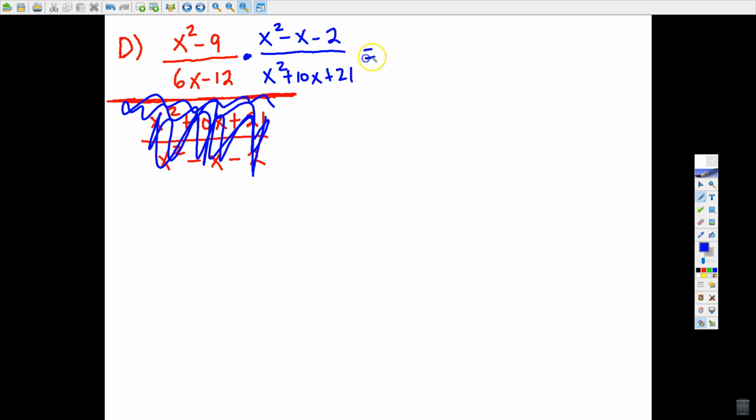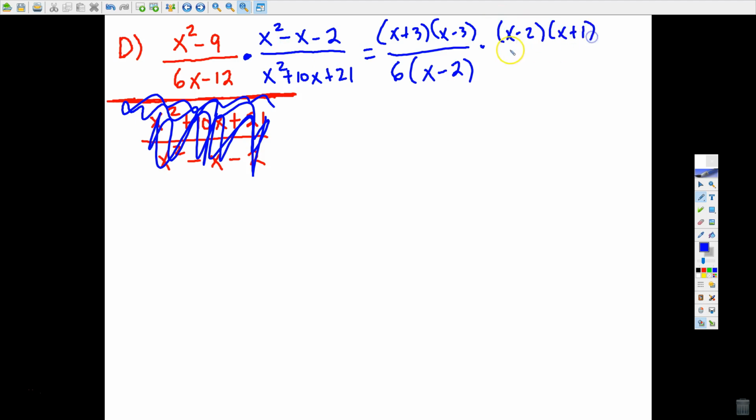And now let's start factoring again. This will be x plus 3, x minus 3. The denominator contains a GCF, which is 6 times x minus 2. This factors as x minus 2, x plus 1. And this factors as x plus 7 times x plus 3.